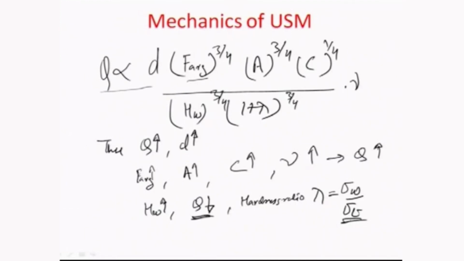Okay. So, if the workpiece hardness is more, it is obvious that the Q or the material removal rate would fall down. So, that is in a nutshell what the predictions of Shaw theory actually show, and experimentally they have been many times verified by various people that these trends are actually true.